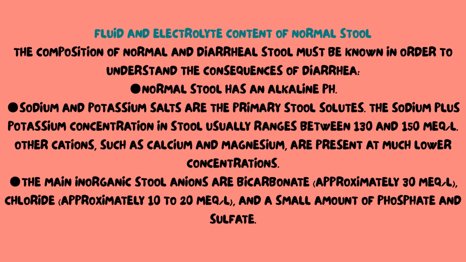The lesser amount of bicarbonate would be compensated by an increase in another anion, chloride, and the reduction in sodium and potassium would be compensated by an increase in another cation, ammonium. I will come to that in a moment.